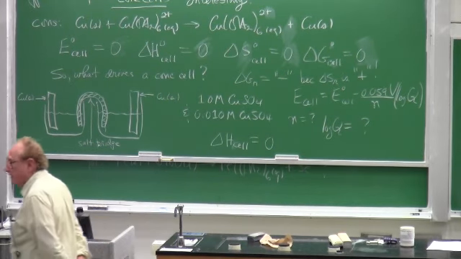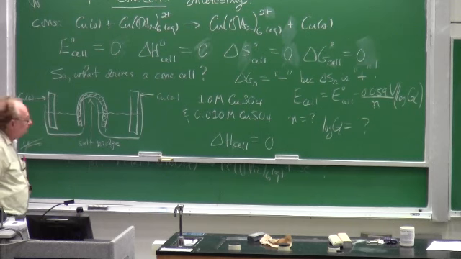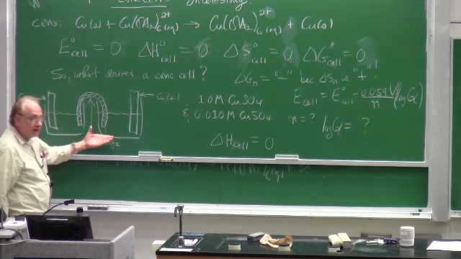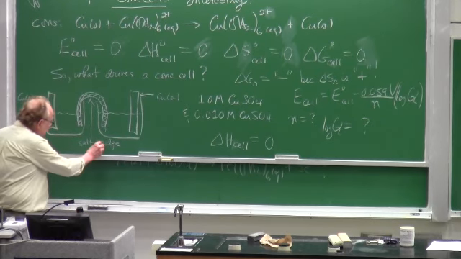That creates a state of higher entropy. All right? So the driving force has a favorable change in delta S. So here's our concentration cell, with one consideration yet to be made.